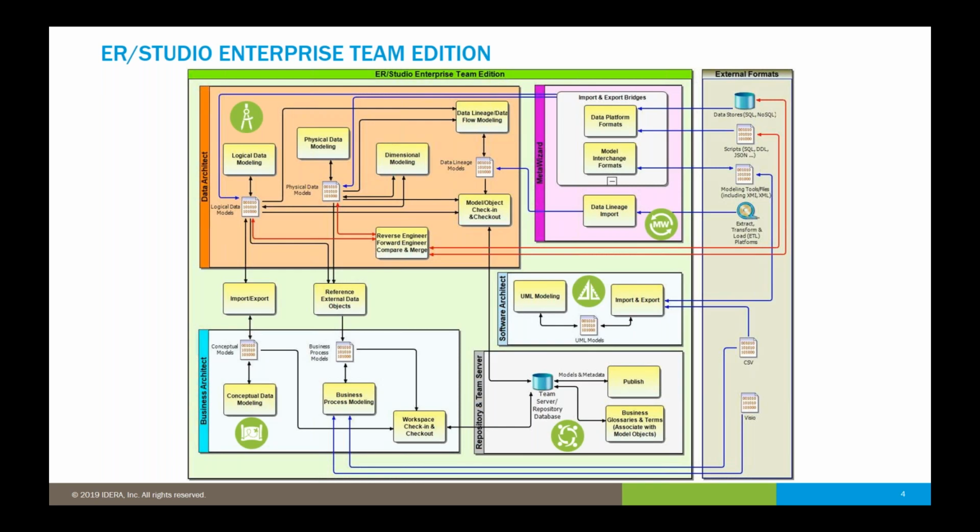Very importantly, all those data objects that we create are available for reference back into our process models. So when people are actually modeling out the business processes, they'll start at a fairly high level and drill down to lower and lower levels of detail as you're elaborating on that business process. At those lower levels, you will probably want to reference in the specific data stores, and our product allows you to do that by actually linking in the actual data store and specifying as detailed create, read, update, and delete operations on there as well.